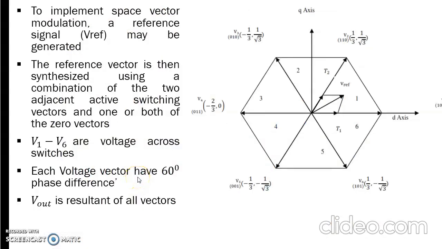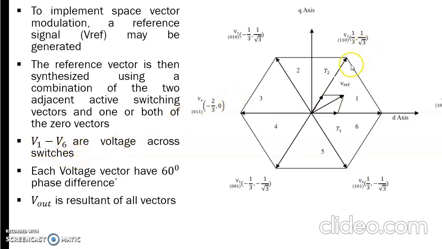Similarly, when you are drawing or implementing the space vector modulation, you need to convert all the 3-phase switching states into 2-phase, that is D and Q. And for every time interval you will get a particular output, that is the resultant of all the active switching vectors, the resultant of V1 to V6.